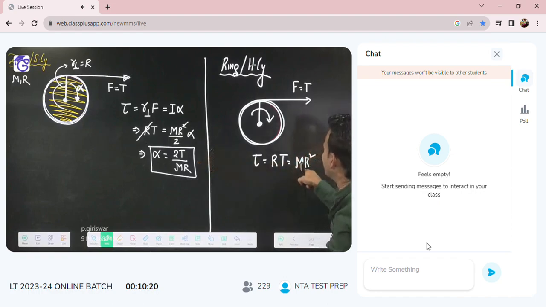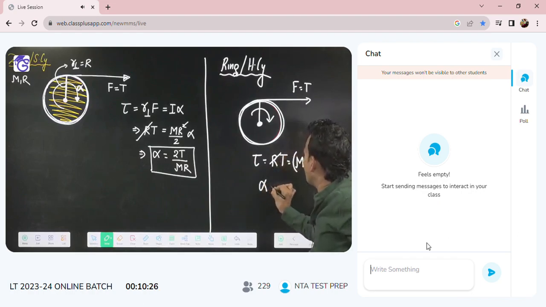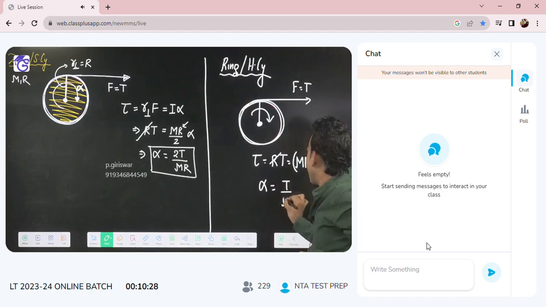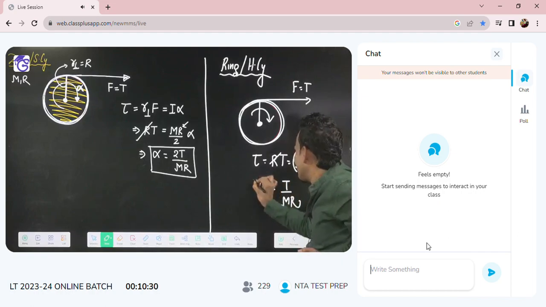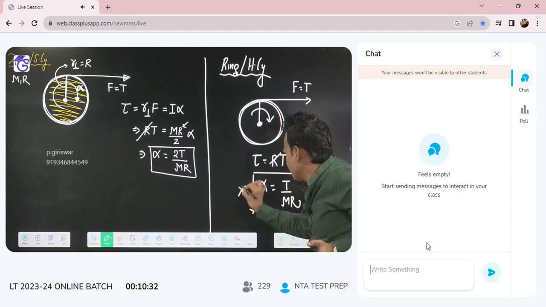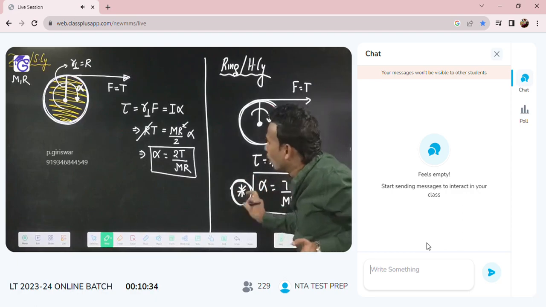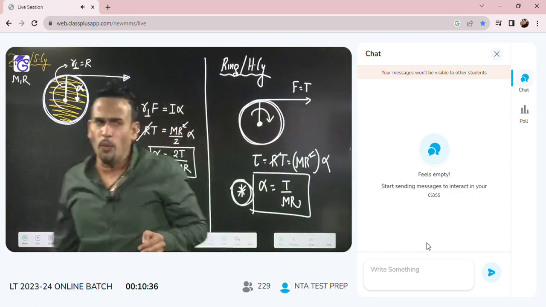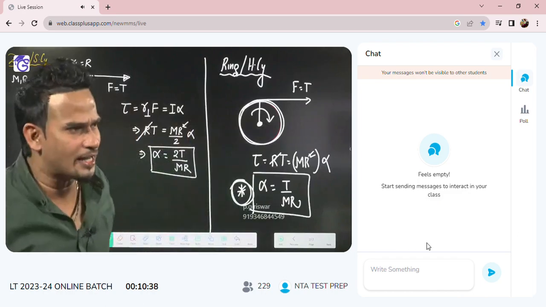So with I into alpha, one R gets cancelled, and alpha comes as T by MR. Is it okay? They ask for the hollow cylinder and also for the solid cylinder. Both are given in the NCERT exercise questions.